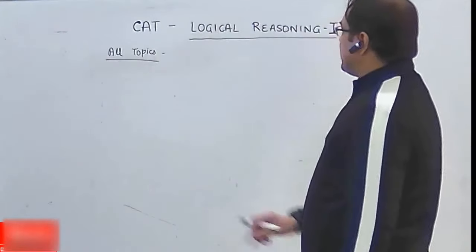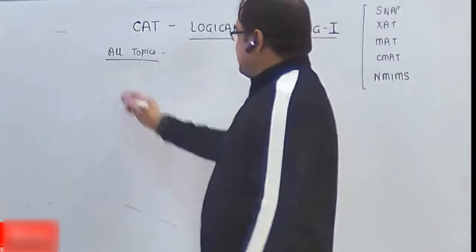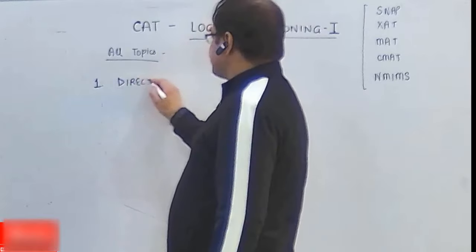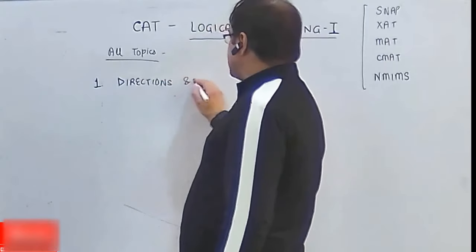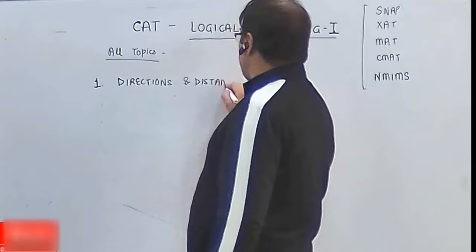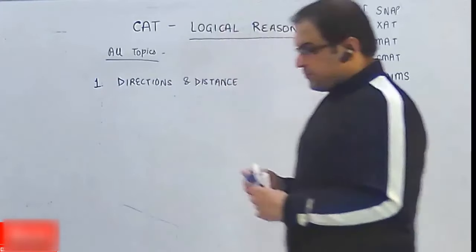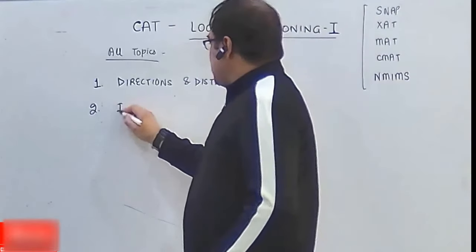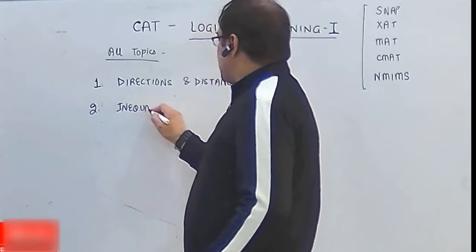So all the topics that are there. First topic I'll start. So the first topic is called directions. Directions and distance is the first topic that we will be covering in logical reasoning. Second topic is inequalities.